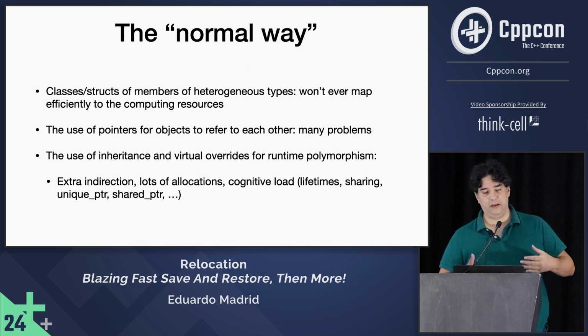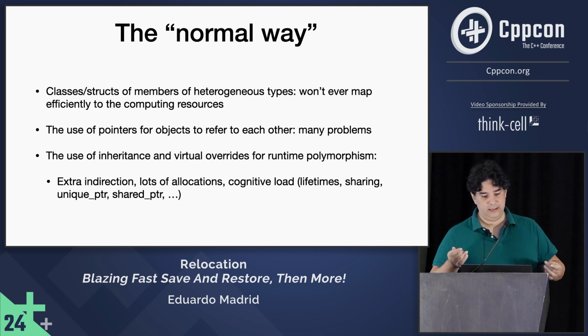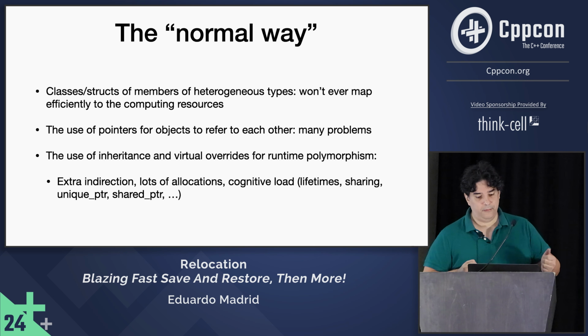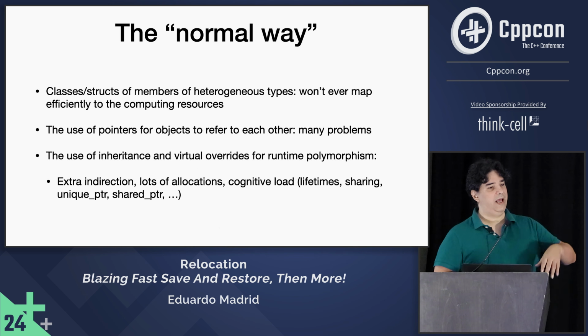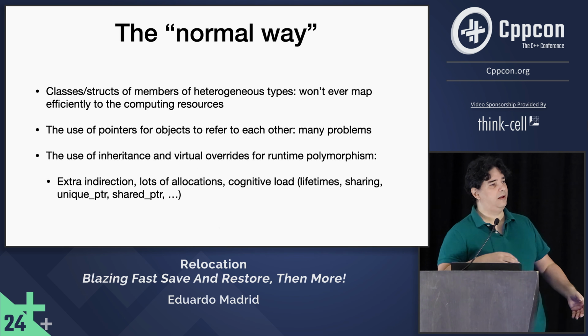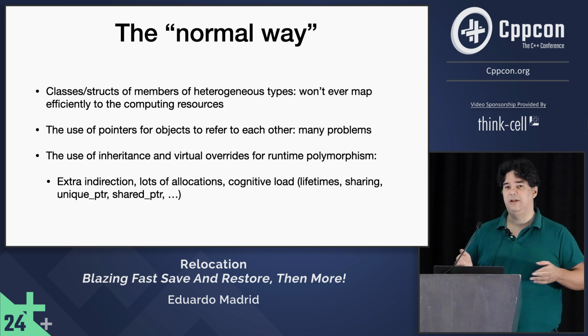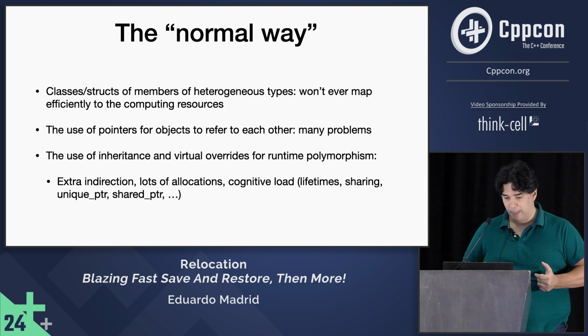Well, we're going to be doing what we always do of organizing our data into classes and structures that have members of heterogeneous types. You can have a structure that has an integer, a Boolean, a floating point member. That's perfectly acceptable and the usual way in which we program.